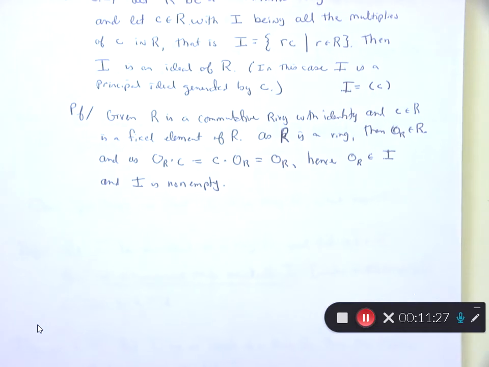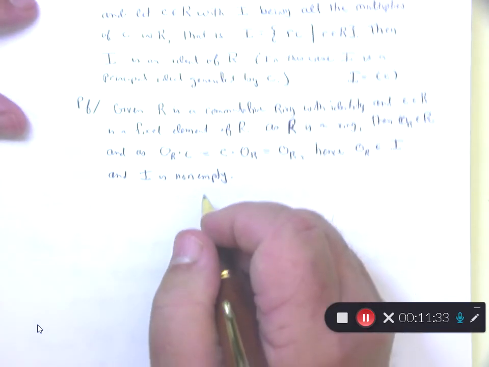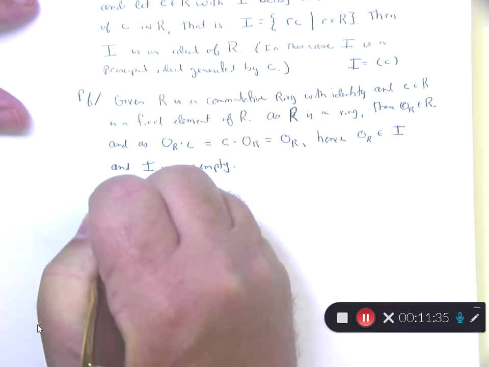So let's continue on. Now I'm going to show closure under subtraction. To show closure under subtraction, I'm going to give myself two elements, just like I did with subrings.